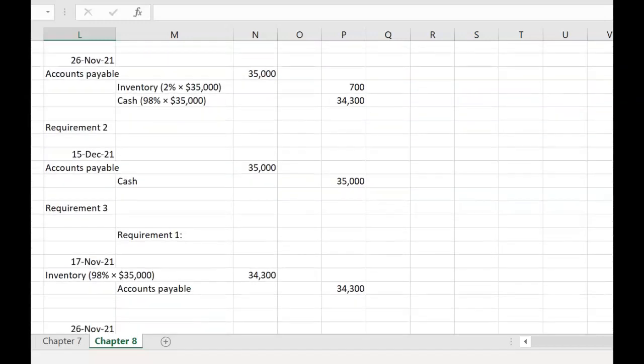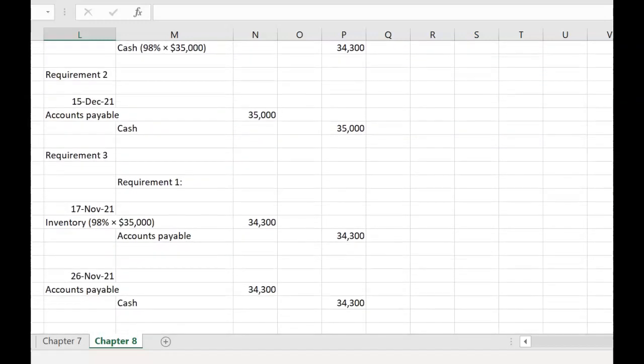Now in requirement 3, they ask us to go back and redo requirements 1 and 2 using the net method. So on the purchase date, Thomas Company will debit inventory at 98% of $35,000, which would be $34,300 debit, and a credit to accounts payable, $34,300.